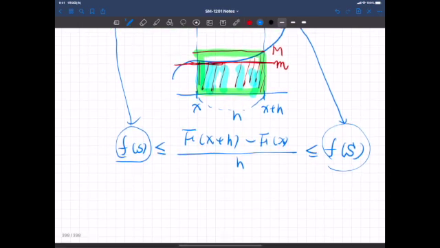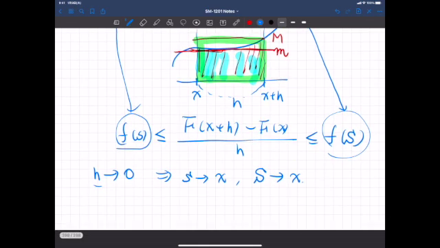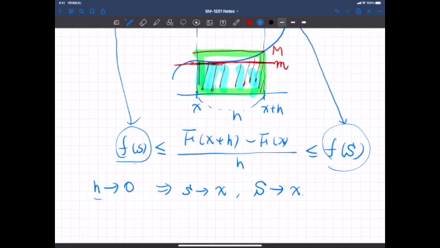Okay? Then we move h towards 0. Then we have this lowercase s must approach x, and also this uppercase S approaches x because this x plus h becomes smaller and smaller, and also f of x is continuous, so that means f of s approaches f of x and f of uppercase S approaches f of x.